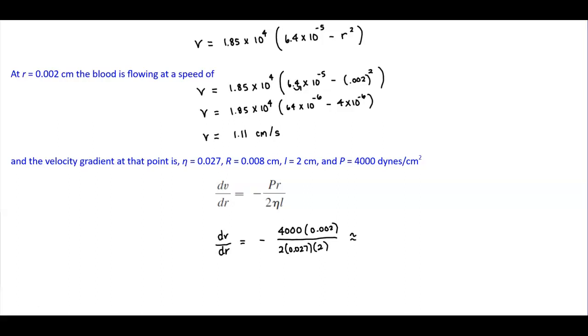That gives us approximately negative 74, in units of centimeters per second divided by centimeters.